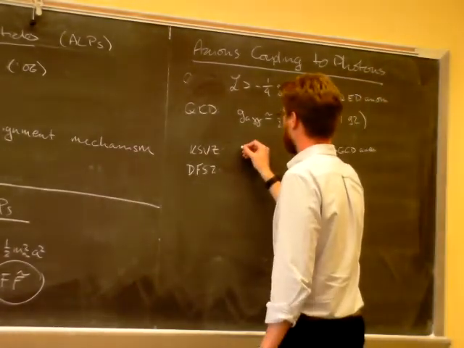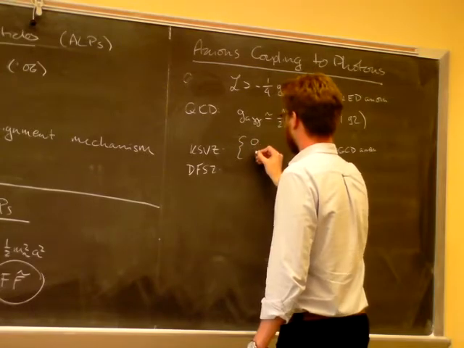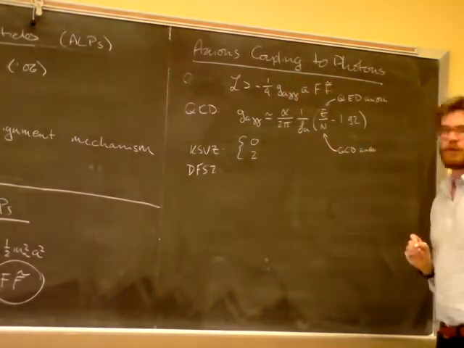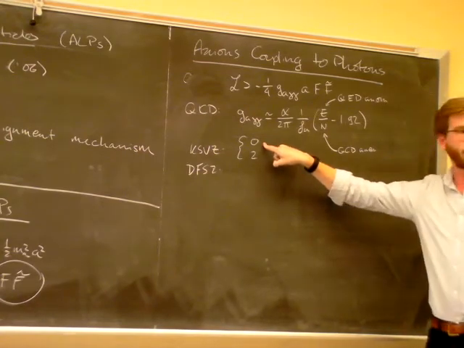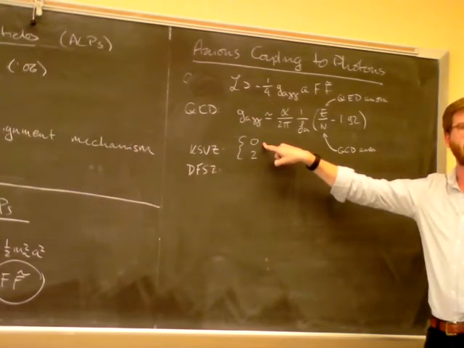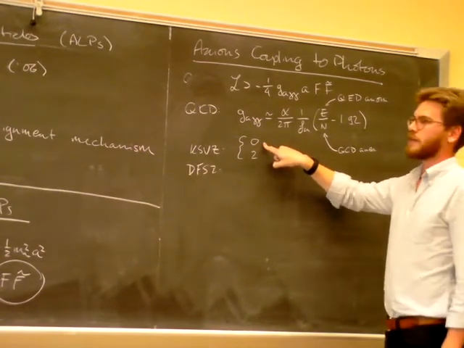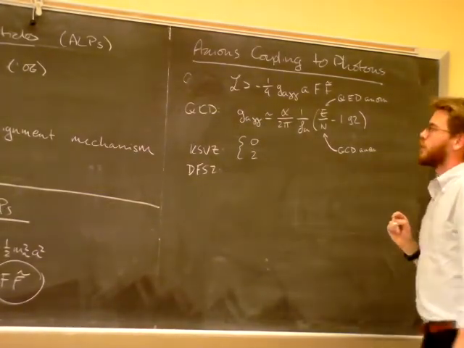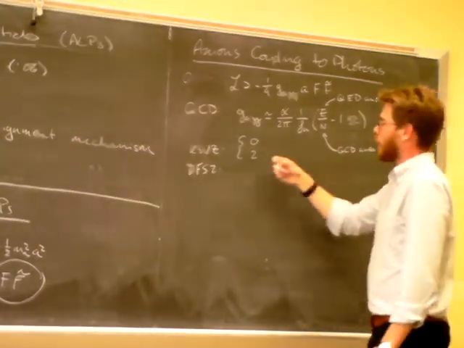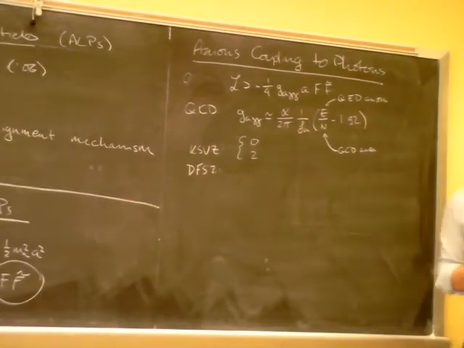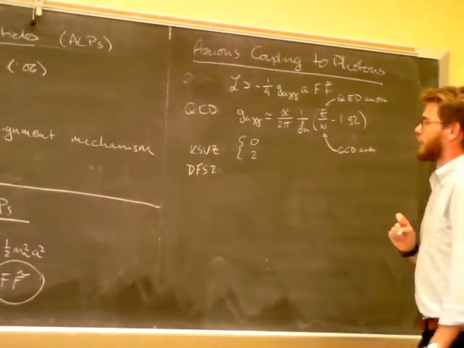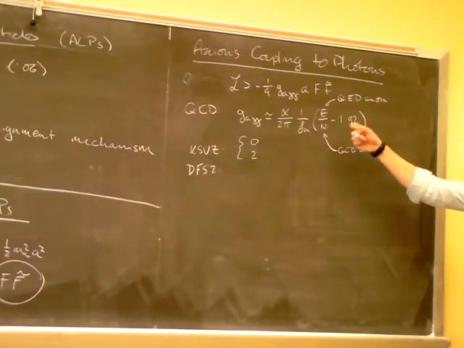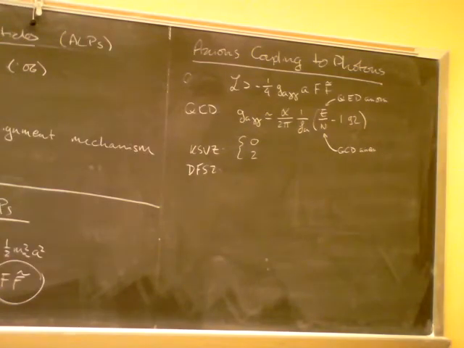So in KSVZ, you either have 0 or 2 in typical models, and this depends on whether you have charges for your vector-like quarks, which couple your axion to photons. If these vector-like quarks have charges under QED, then you have an E over N ratio which is 2.